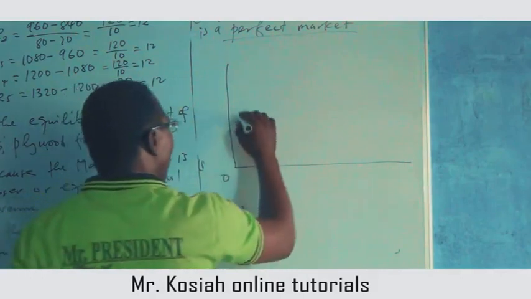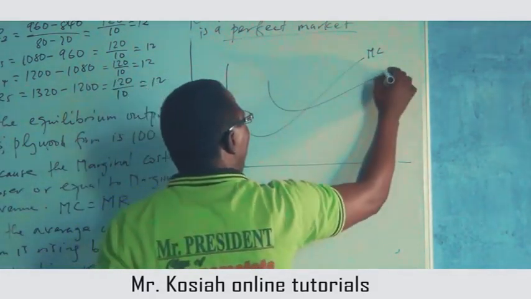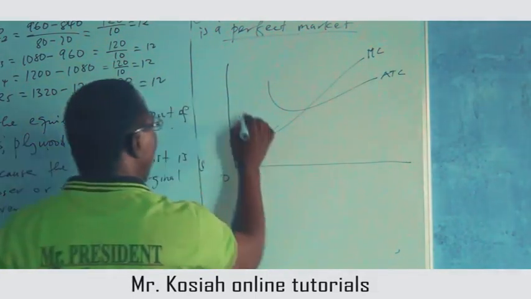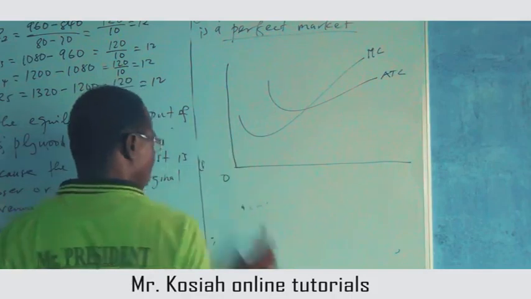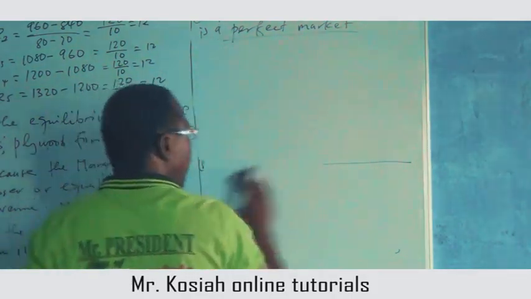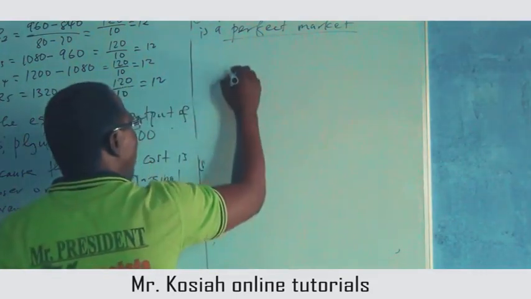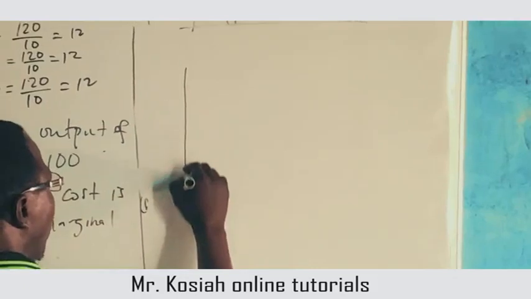Now this is it. Of course, this will be our marginal cost, and this will be our average total cost. Let me draw it properly so that all of you can see.